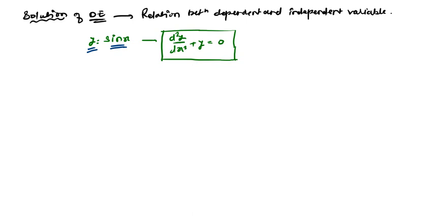Before that, we will see what a differential equation is and how we write it in general form. In general, we write any differential equation of first order like this: M(x,y) dx plus N(x,y) dy equal to 0.